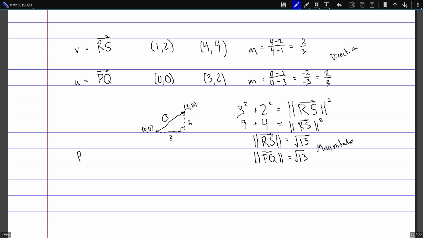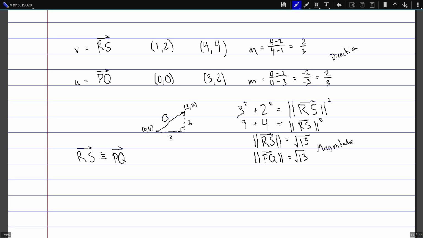Now, I don't know if this textbook has used this symbol or not, but the general symbol that we use for denoting equivalence in lots of areas is three lines. These two have both the same direction and the same magnitude, so we say that they are equivalent using this symbol between them.